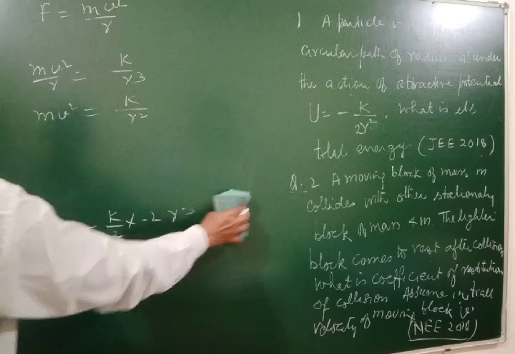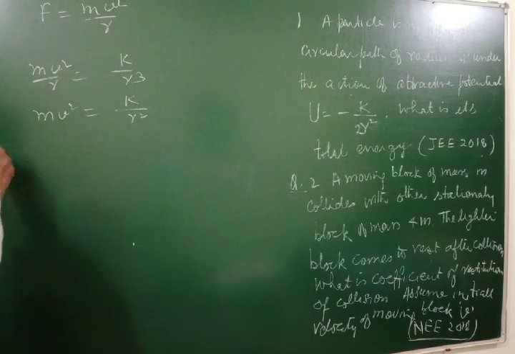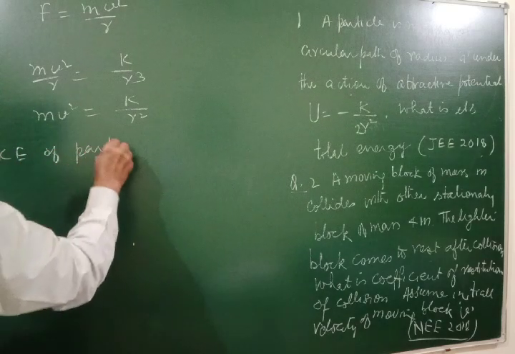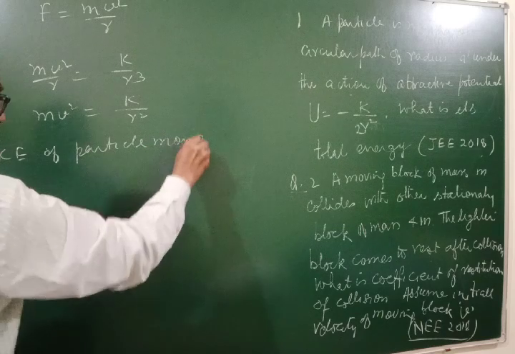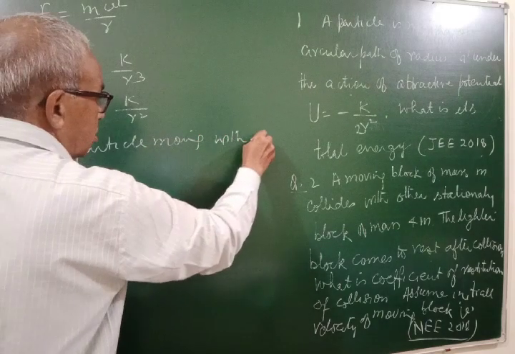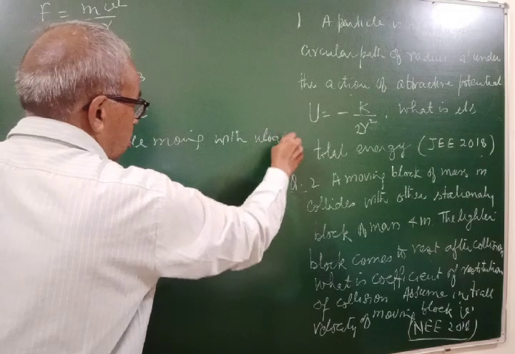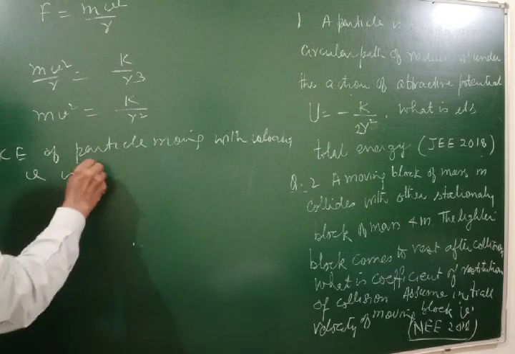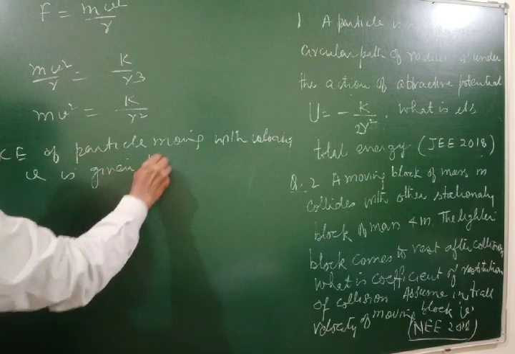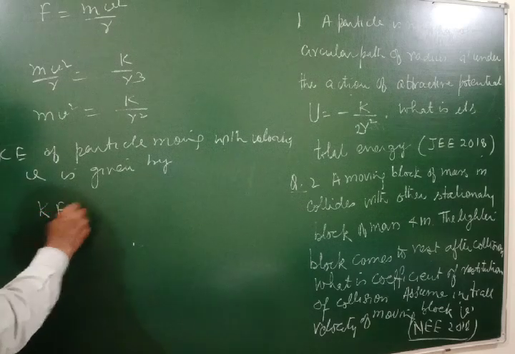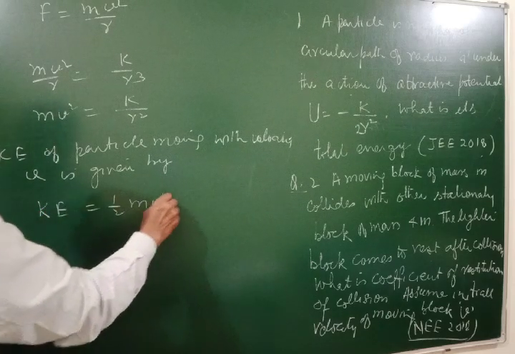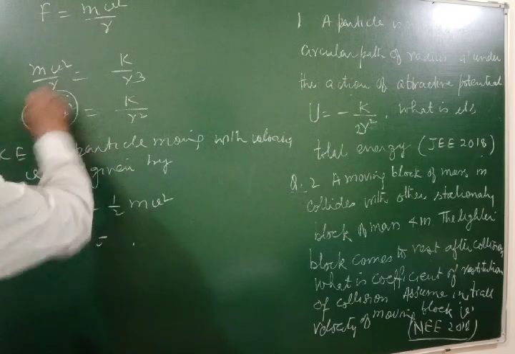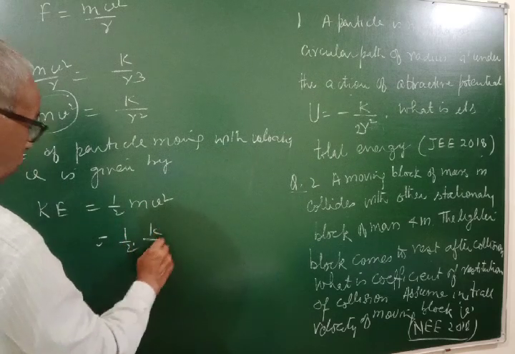Okay, now the kinetic energy of a particle moving with velocity v is given by K equal to half mv square, and putting this value of mv square here, it is half K upon R square.